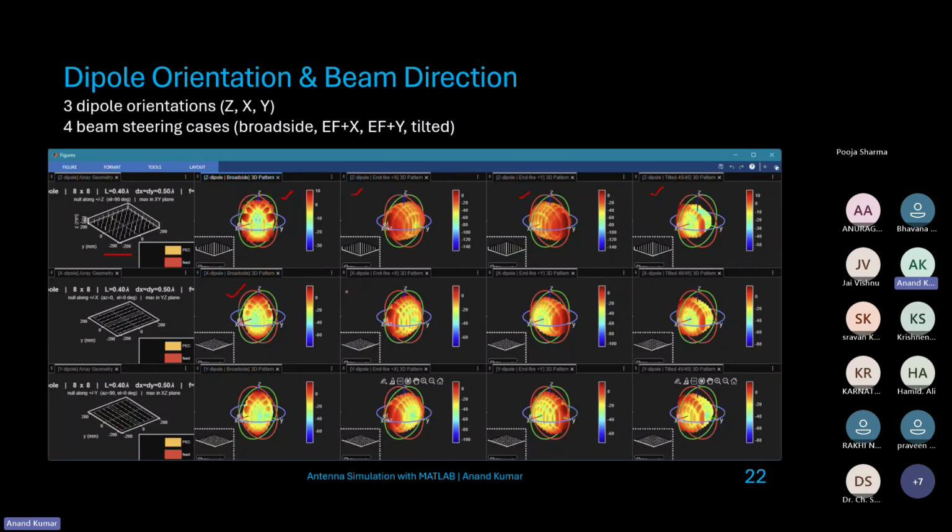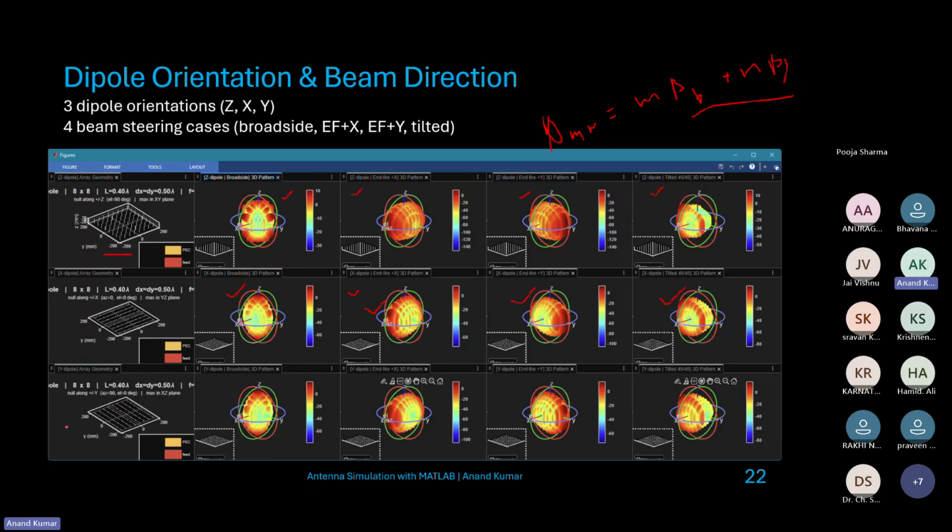In this also if you use the phase map phi mn equals m beta x plus n beta y, the same concept, we can have an x directed, y directed, and tilted beam.